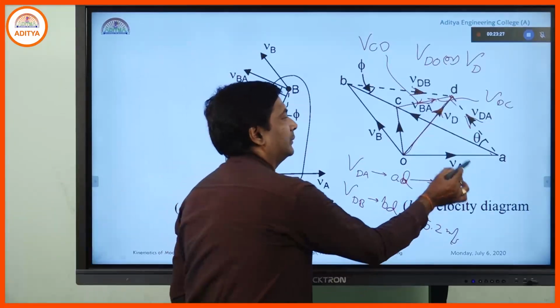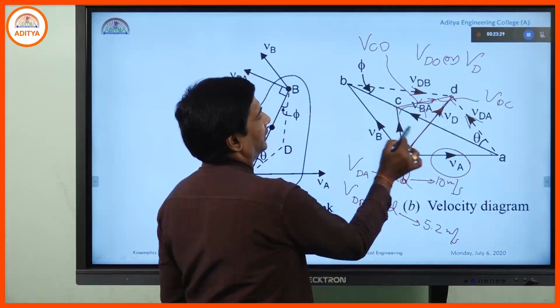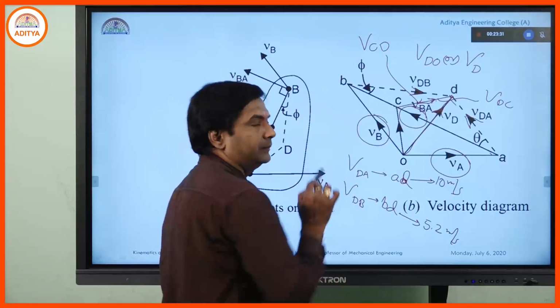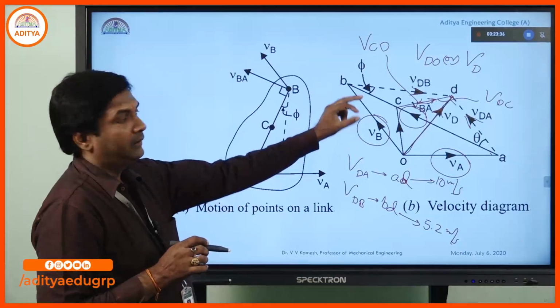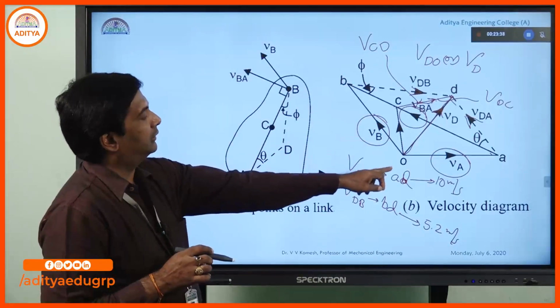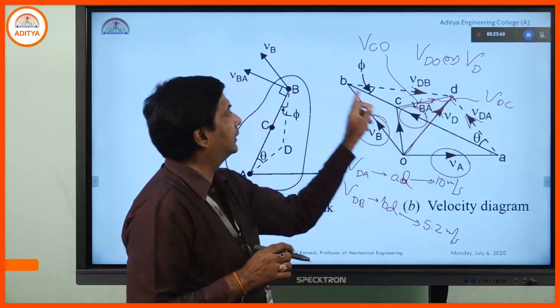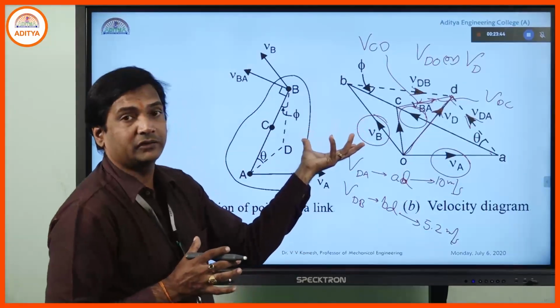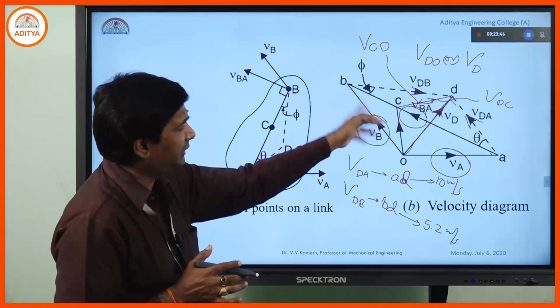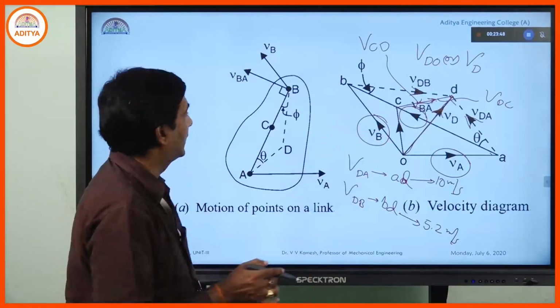Only the given parameters VA or VBA or VB are initially used to identify where the original point O, A, B and all these lengths are. After construction of the velocity diagram, we can represent them in the reverse directions.